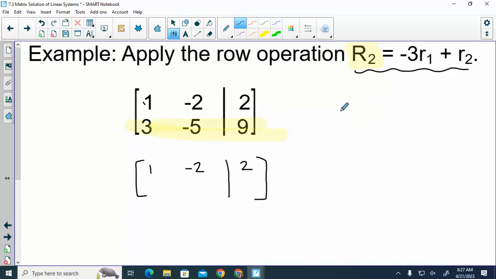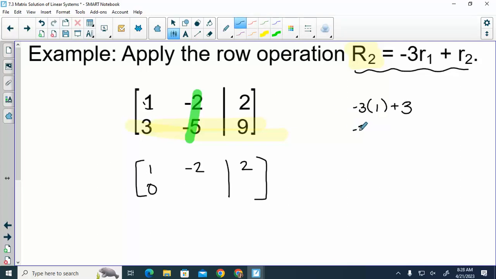So let's go through each of these numbers. For this first entry, I do negative 3 times the number in row 1, which is 1, plus the number in row 2, which is 0. Yep, and you get 0. For the second number, I'm basically using this column.